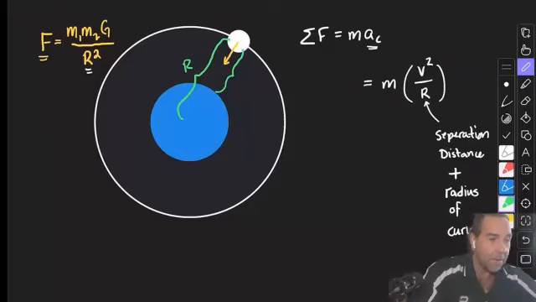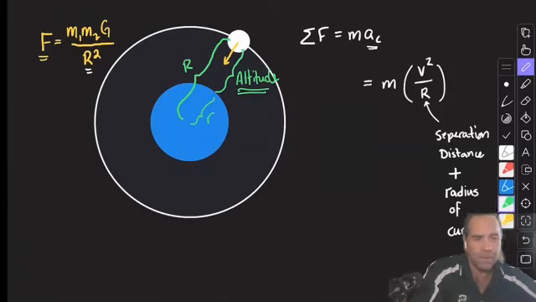The altitude is how far above the surface of the Earth we're talking about. That's an altitude. You can't use the altitude. So if you're given the altitude or you're asked about the altitude, you'll have to add the radius of the Earth to it. So don't be tricked by something like that on a problem.